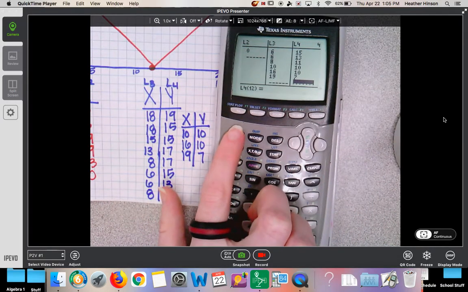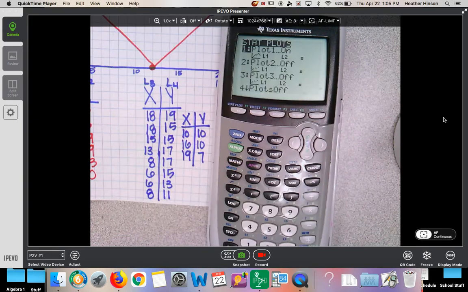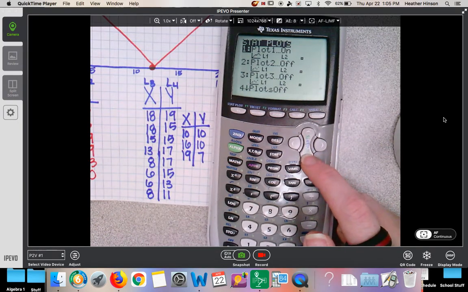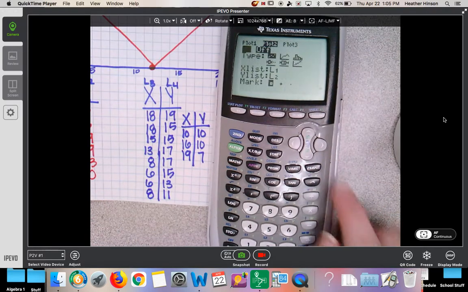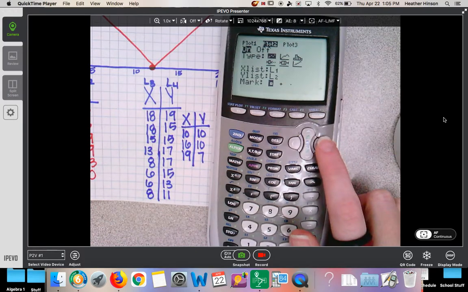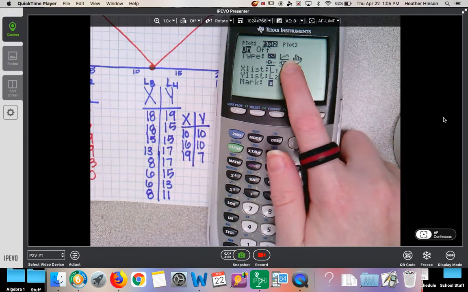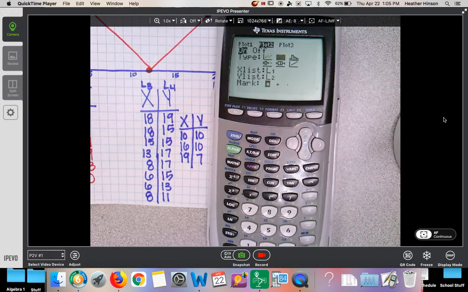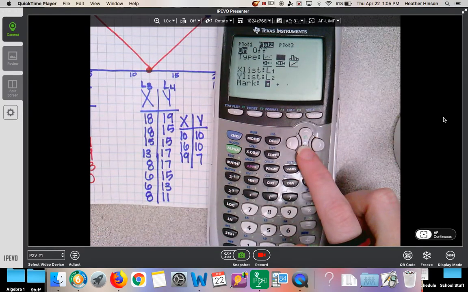I'm going to go back to second, Y equals. Now I'm going to go to Plot 2 because this is my second shape. I'm going to turn it on. And I want my type of graph to be the line so it connects the dots. Now this one, I put those in L3 and L4.